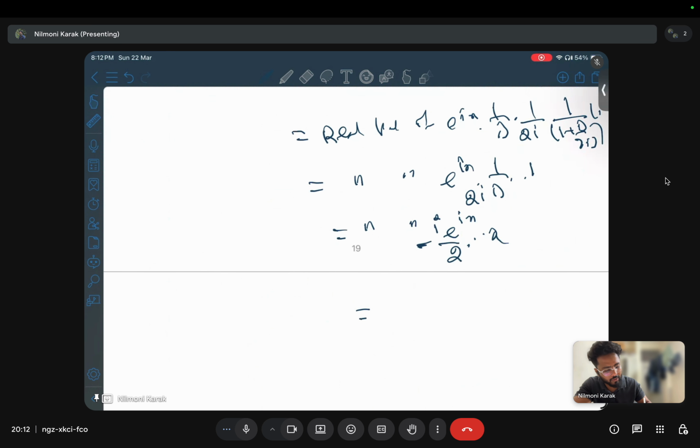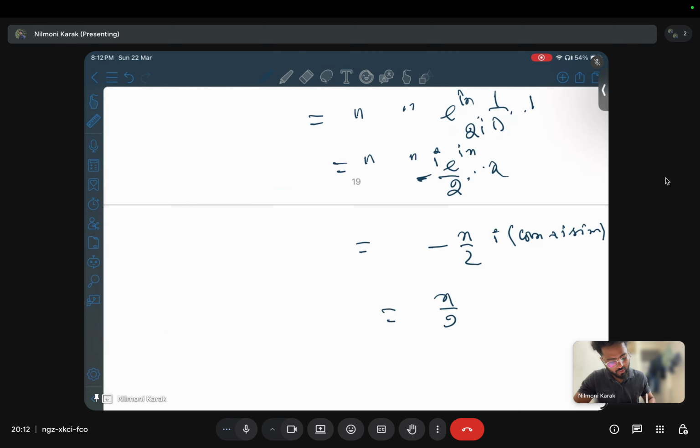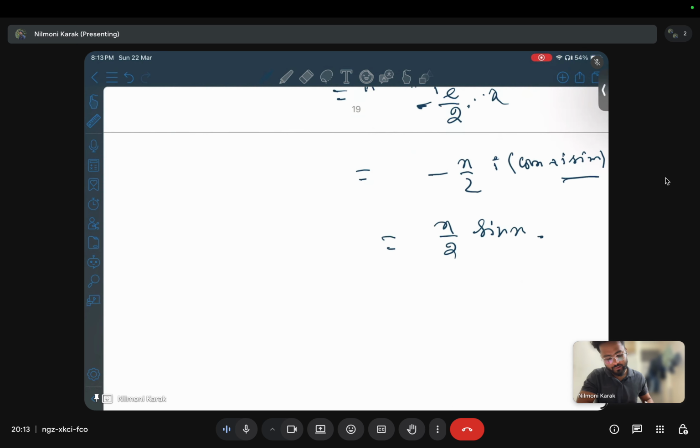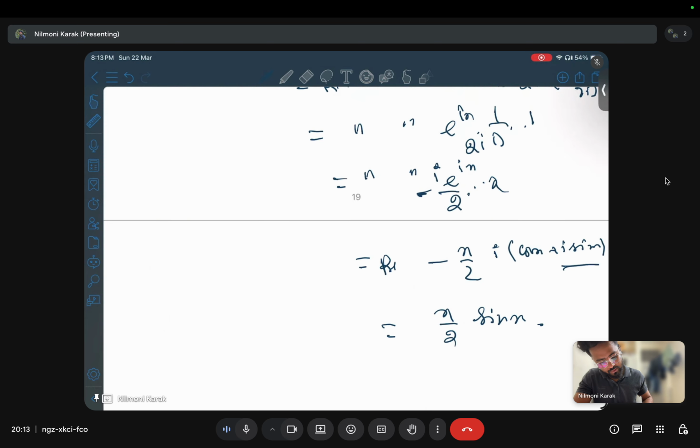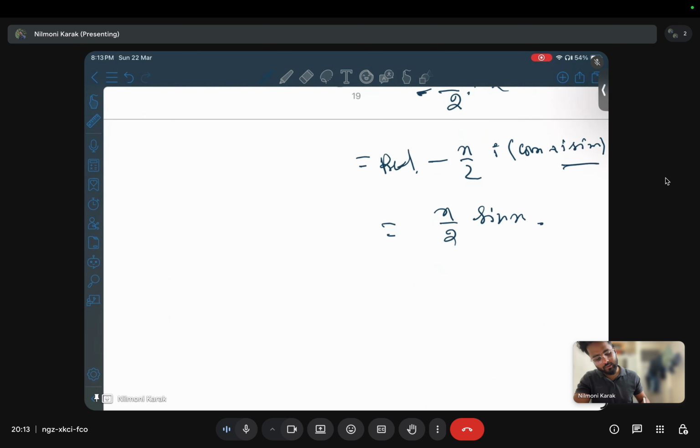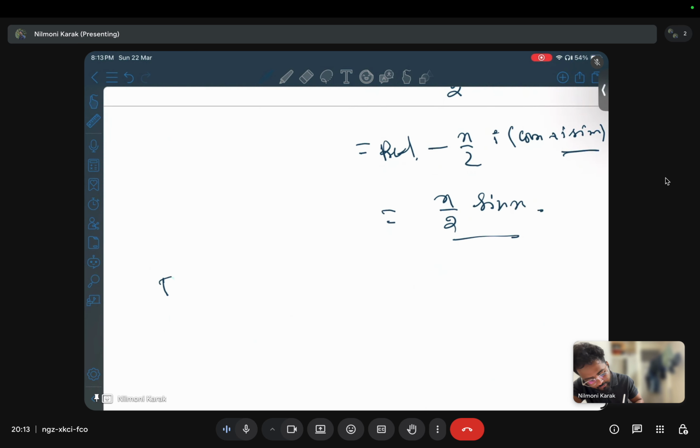What is the real part of this? It is minus x by 2 i times (cos x plus i sin x). So this is basically x by 2 sin x.